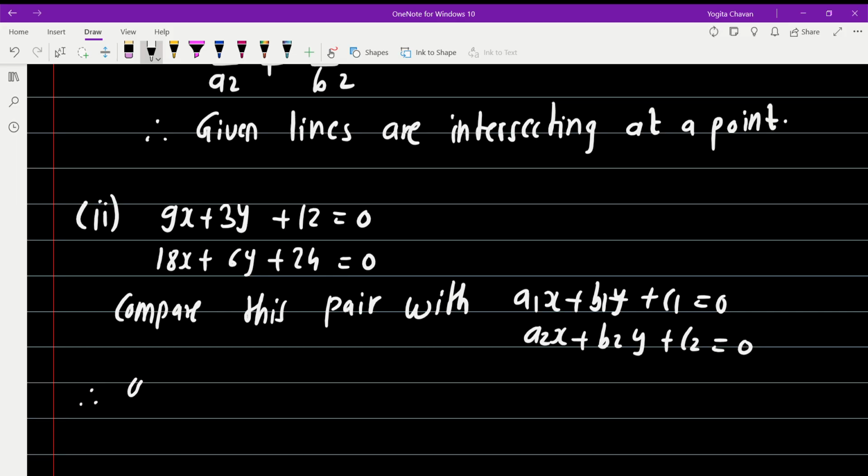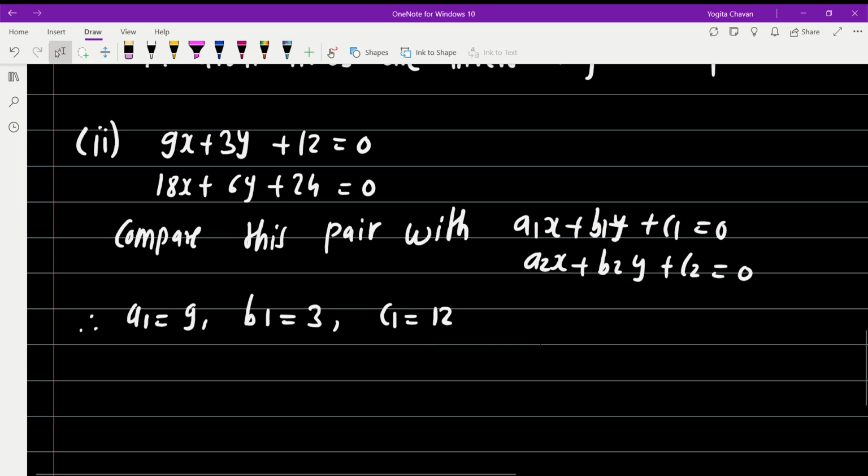Therefore, what is a1? a1 is 9, b1 is 3, and c1 is 12. What is a2? a2 is 18, b2 is 6, and c2 is 24.